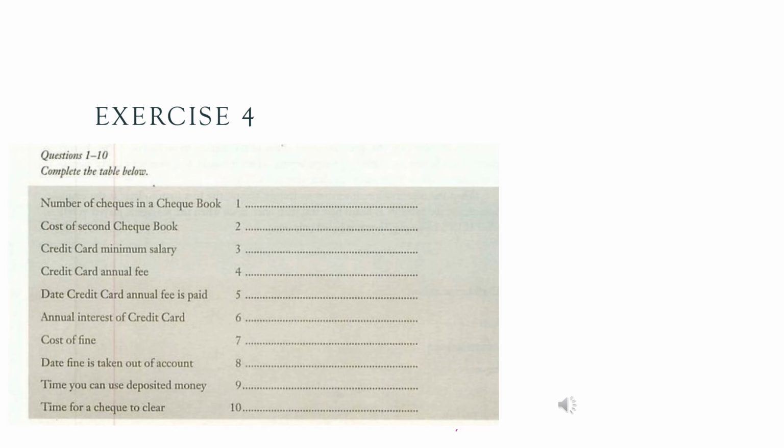Interest is 13% each year. Now, if you take too much money out of your account, then you must pay a fine. It's $15 each time. The money will be taken out of your account on the 28th of the next month. If money is deposited into your account, you can use it after 12 p.m. Money deposited by cheque takes 10 days to clear.